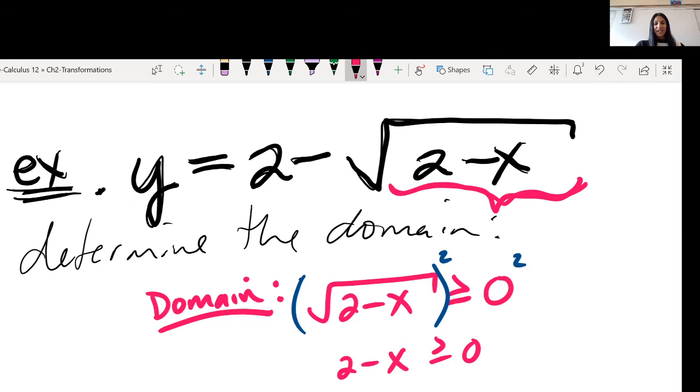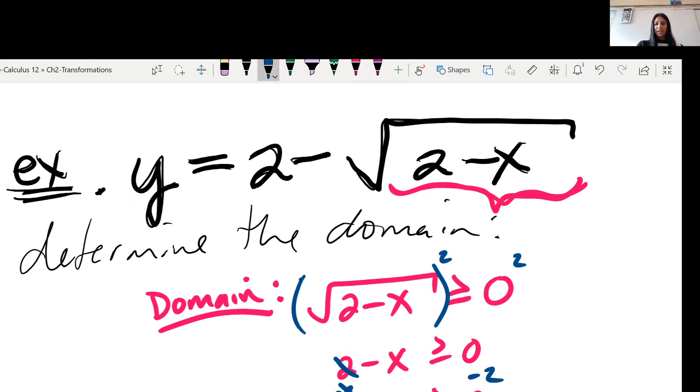So the next thing we could do is get rid of this 2 by subtracting it on both sides. You don't have to write down every single step, but I want to make sure you all get where this is coming from. But we could say minus x is greater than or equal to, and this time it's 0 minus 2, which is just negative 2. We don't want a negative here.